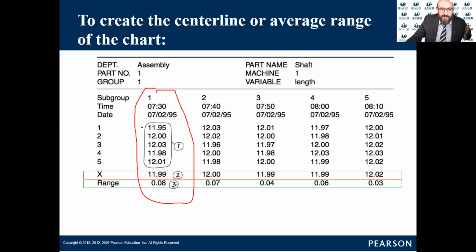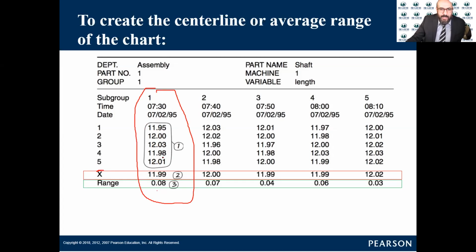We found the measurements to be 11.95, 12, 12.03, 11.98, 12.01. Add them together and find the average of these. That's the X bar. And for the range, you subtract the minimum from the maximum, and you find the range.